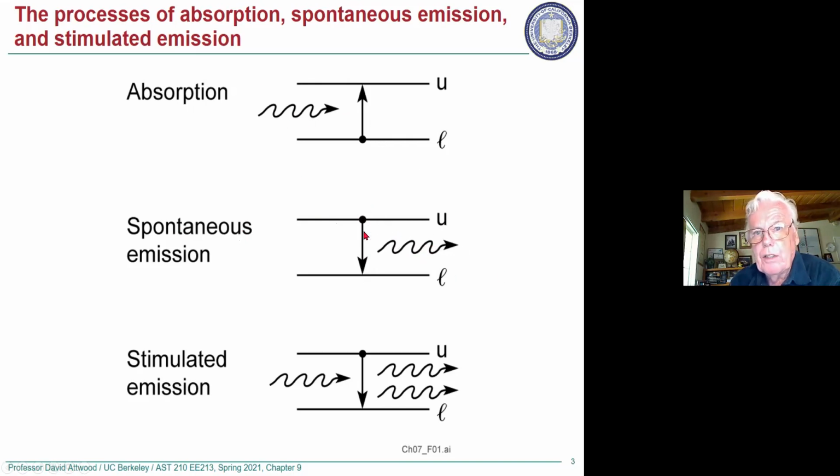But another process is the atom could be in this upper level, but another photon could come by, has to have just the right energy again. While this atom is in the upper level, this has got to come quickly before the lifetime would cause the atom to relax into the lower state. This photon has to come before the lifetime is up, okay? Has to be just the right frequency. But what it will do is it will rattle this atomic system.